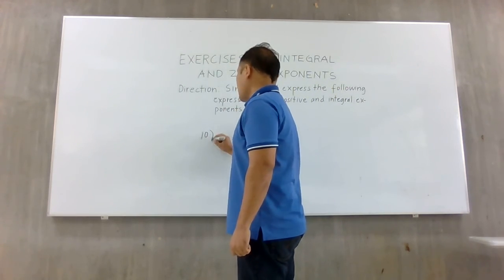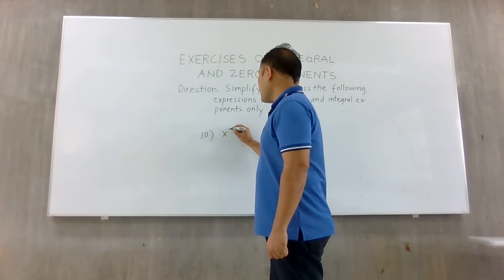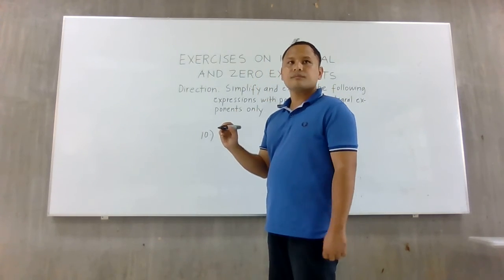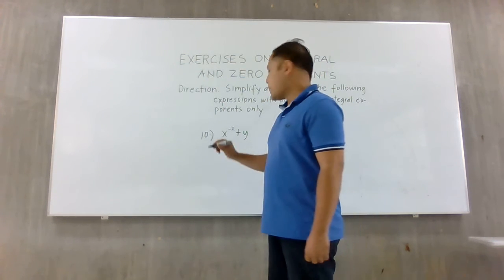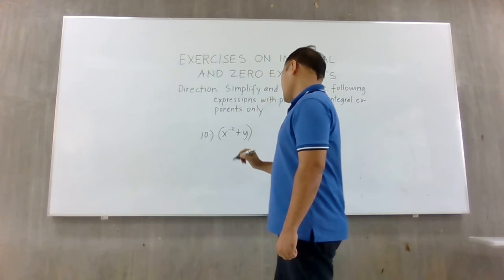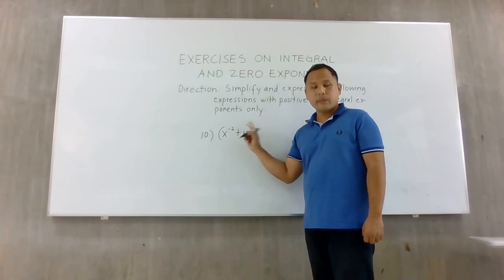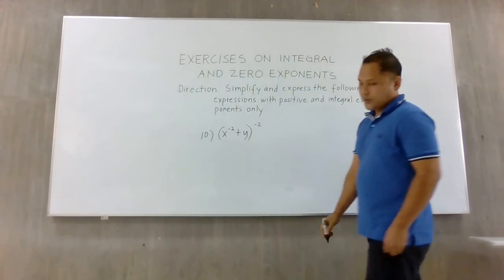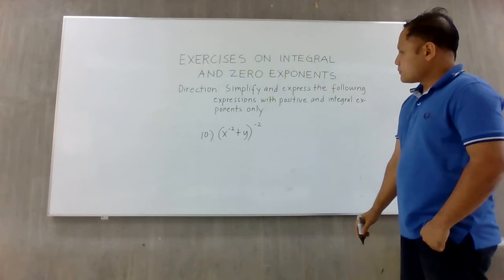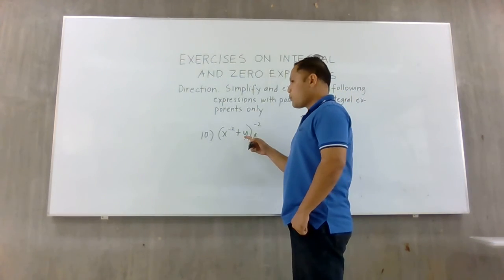For the last number, we have x raised to the power of negative 2 plus y, and then we raise this binomial quantity to the power of negative 2. In this case, this is not a pure multiplication.